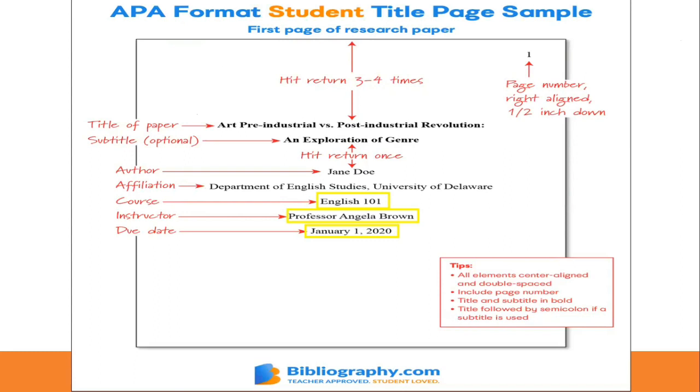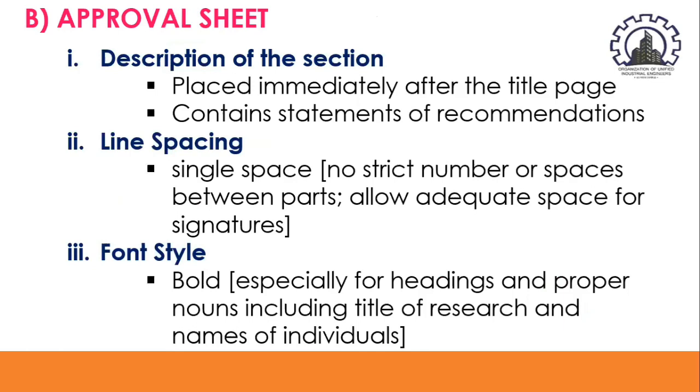All right. And also, aside from the title page, we also have the approval page. Now, what is meant by approval page? The approval page is placed immediately after the title page, and it contains statements of recommendation. For the formatting, the line spacing should be single space.